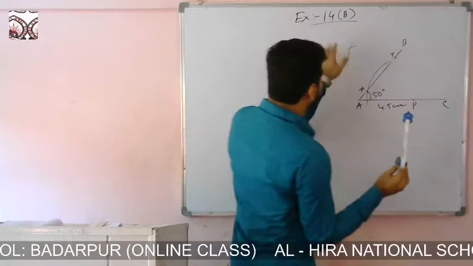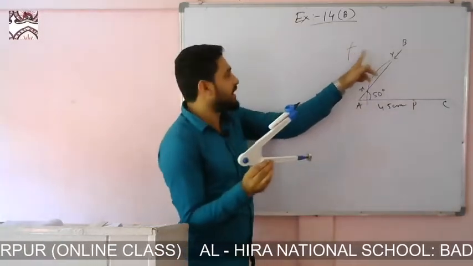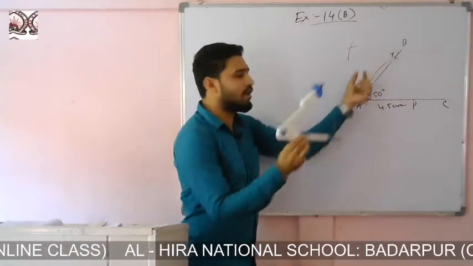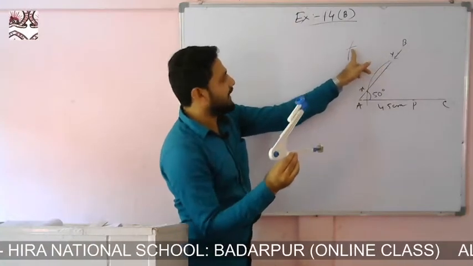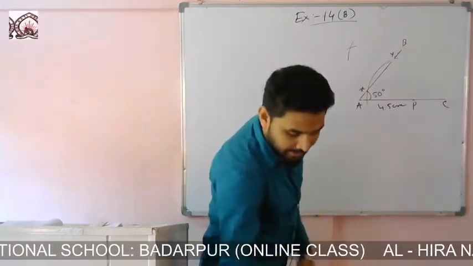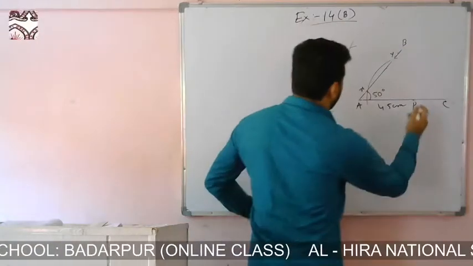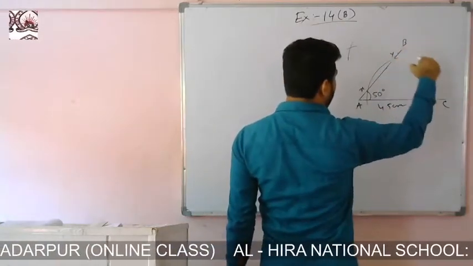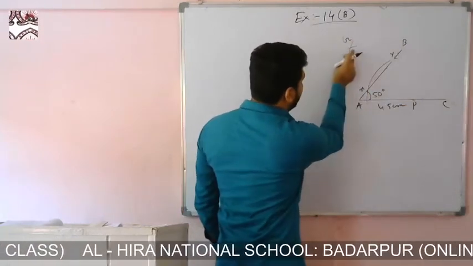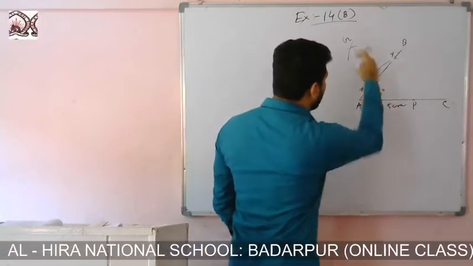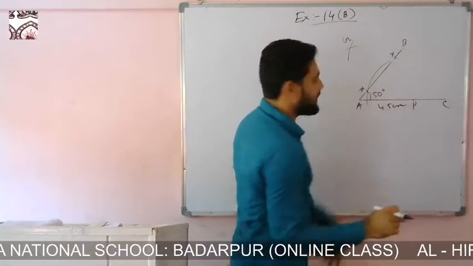Isn't it like this? These two arcs from X and Y, if you draw with the same radius, then they will intersect at a point. Suppose you call this point G. Now you join G and P, and that will be perpendicular to AB.